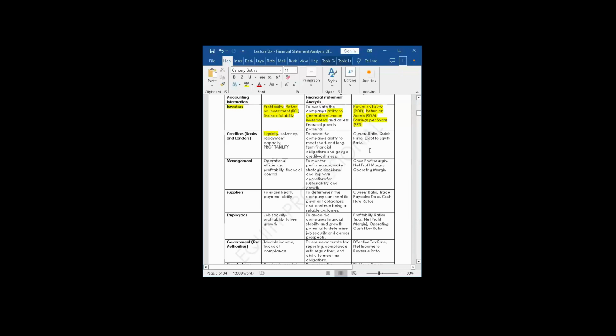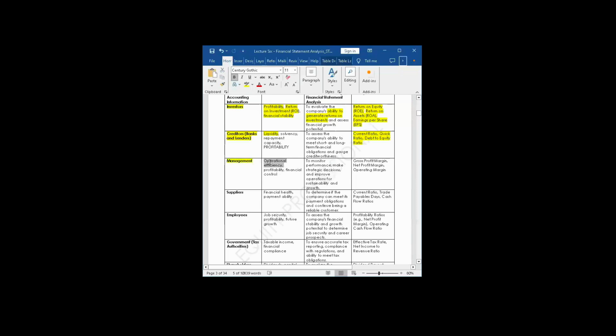Okay, so again, you can see that knowing who the user is can help you to identify the sort of ratios that you can compute to provide more information on their needs. Then the management. What about the management?